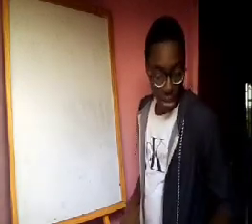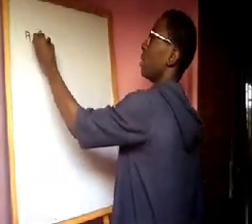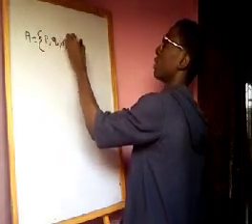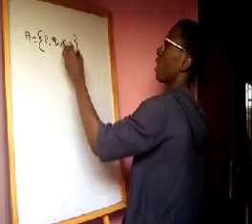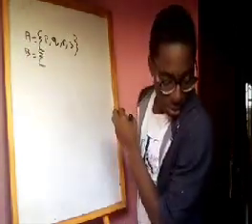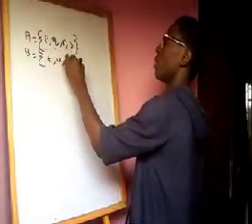We have set A, {P, Q, R, S}. B is the set {T, U, R, Q}.